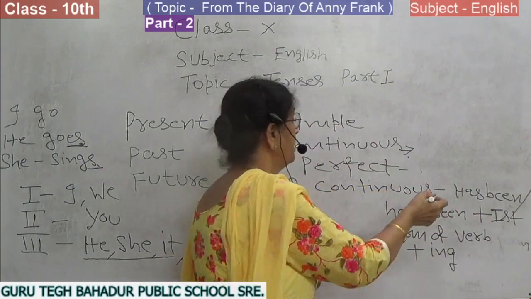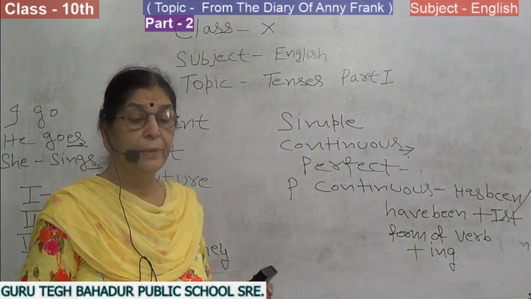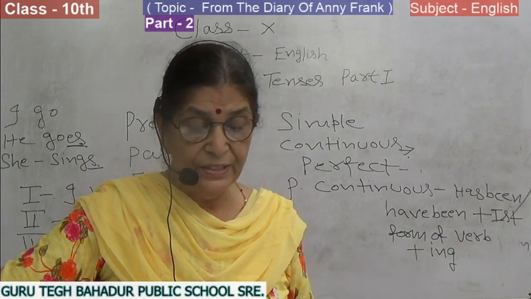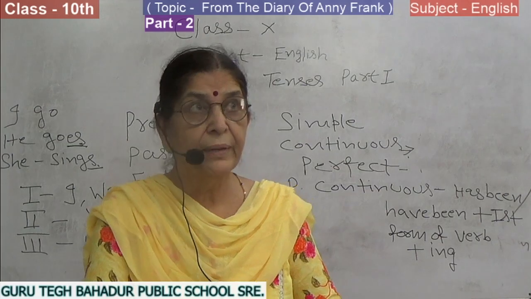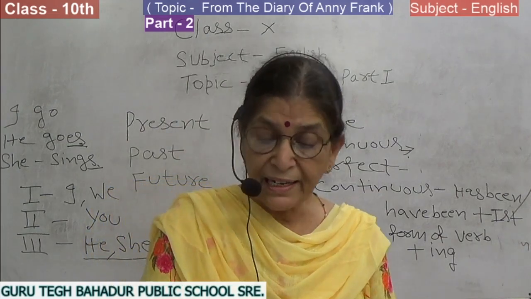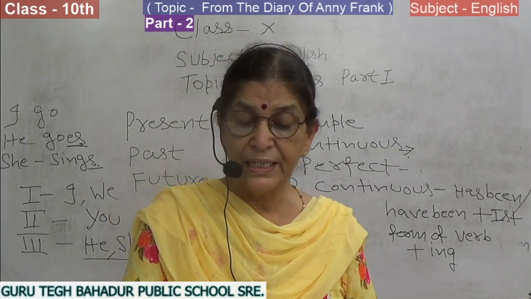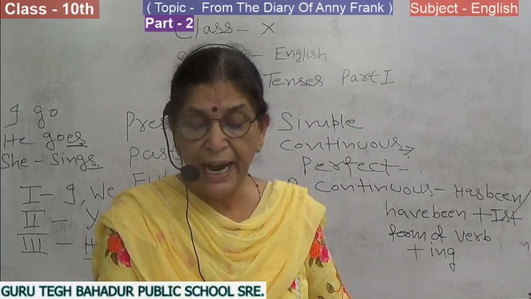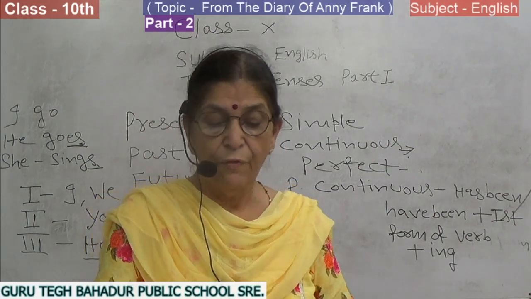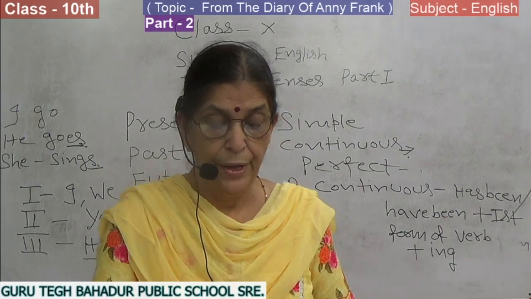This is the use. Has been, have been, plus first form of verb plus ing. Where can we use this tense? Number one, an action that began in the past and is still continuing. Example, she has been waiting for you since 4 o'clock.